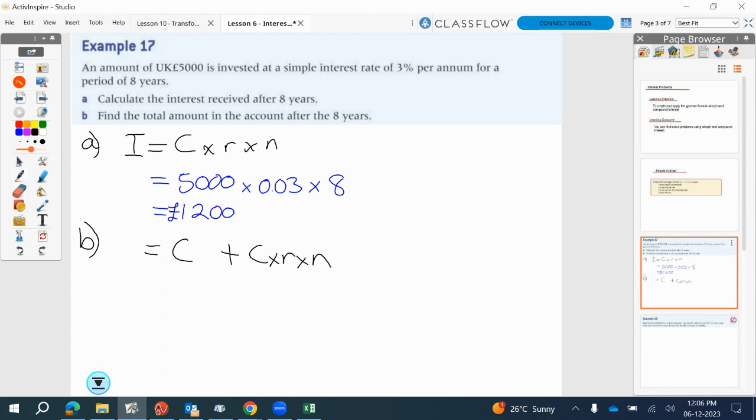Sorry, let me just pause. What is that called? That would be the future value. So the capital might be referred to as the present value. I'm using these letters intentionally. Future value.